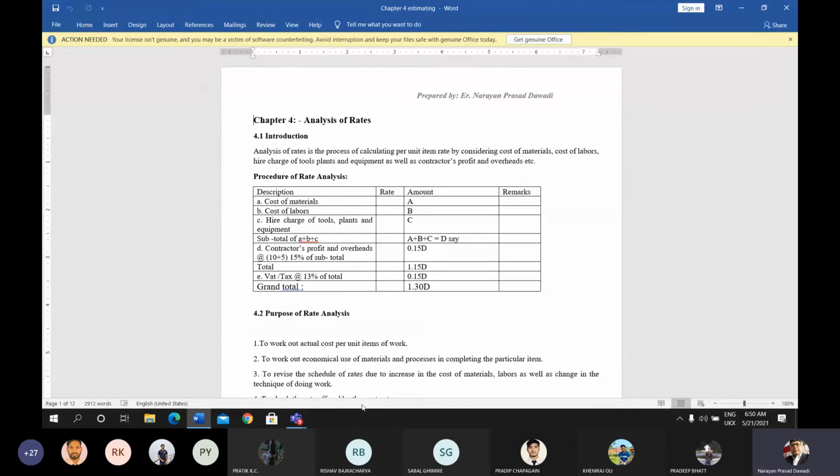Now contractor profit and overhead is taken as 15% of the total cost D. That 15% is divided as 10% for contractor's profit and 5% for the contractor's overhead.